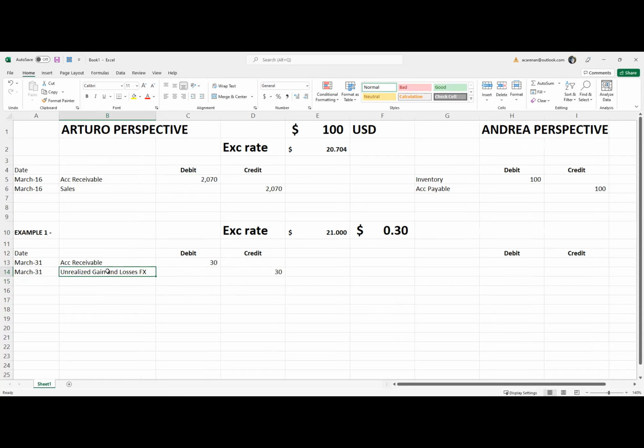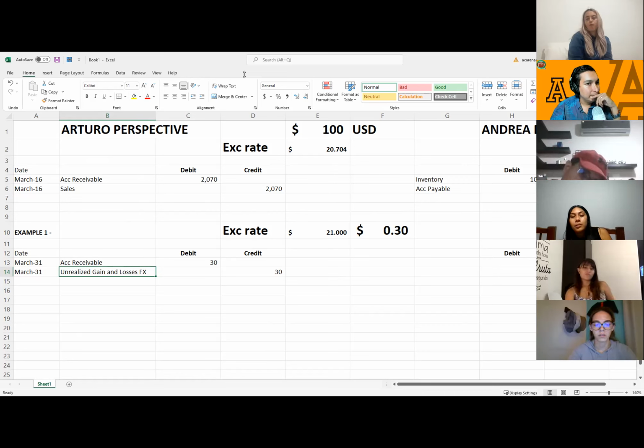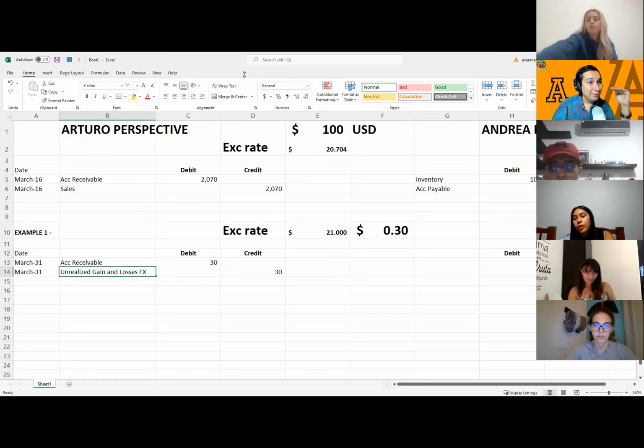Why is it unrealized? It's unrealized because you are not able to go to the bank and exchange those $100 and convert them into pesos and win those 30 pesos that you have won.